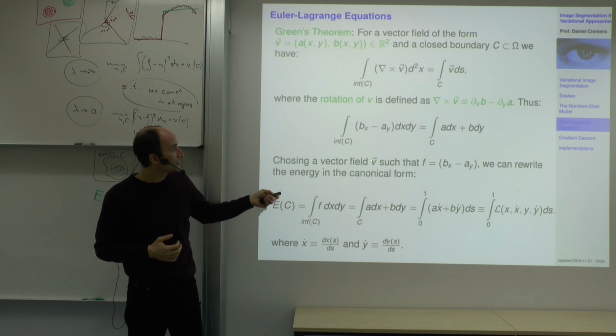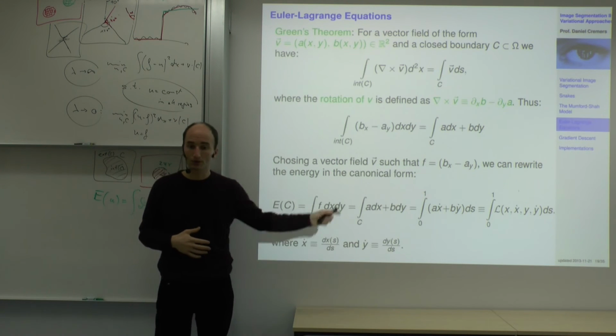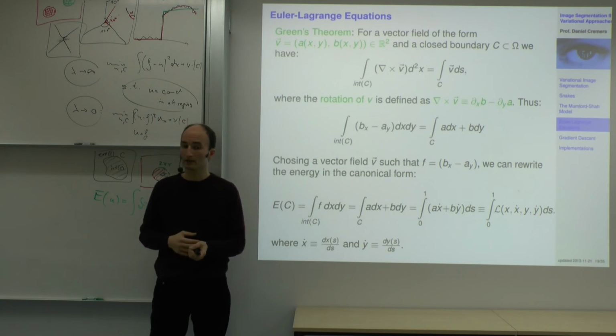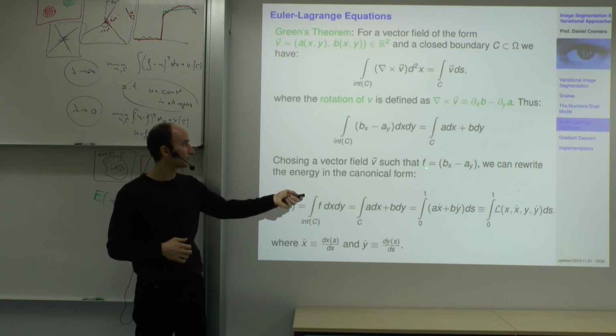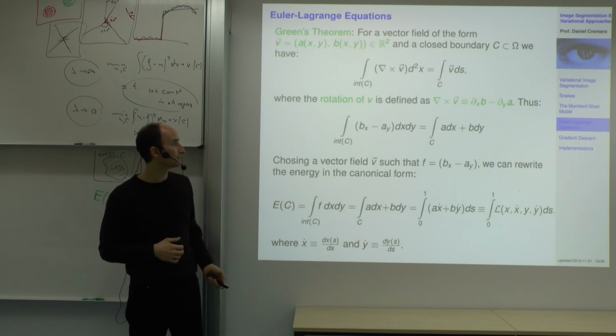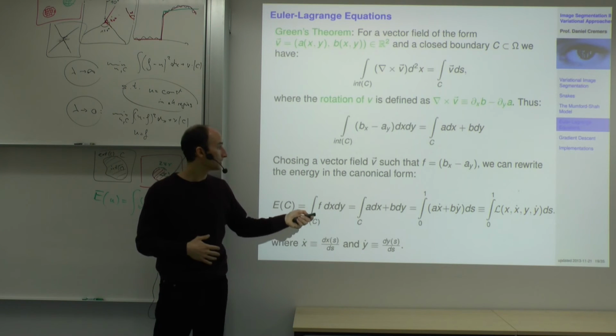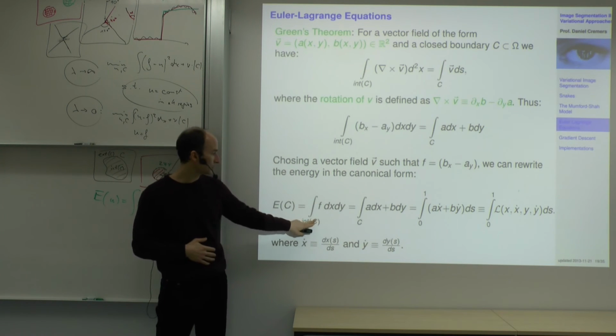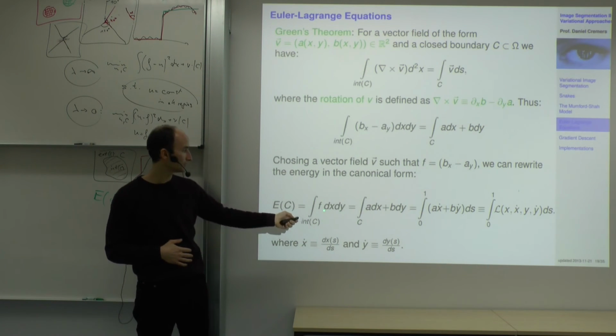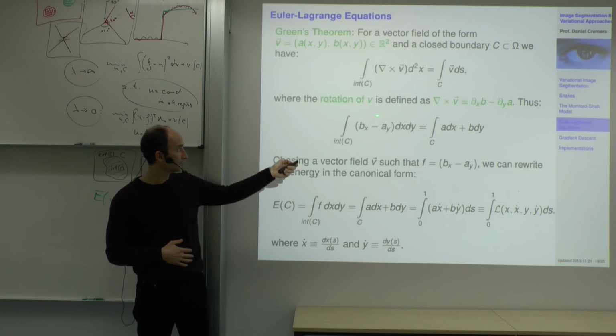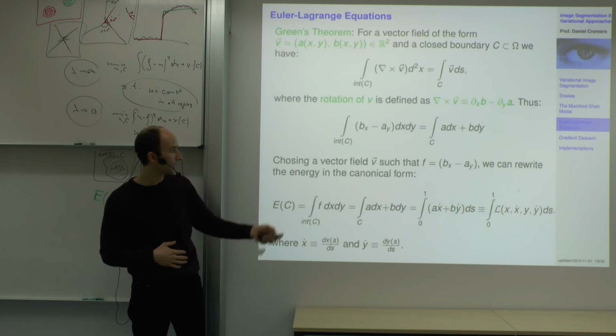Because ds essentially is dx and dy. And now we say choose a vector field V such that f is Bx minus Ay. In fact, I don't show this here, but there exist vector fields for any f. You can find a vector field such that this holds. So f is the rotation of V. And then we can rewrite the integral of f, that's our original cost function that we started with, as the integral of this expression over the interior, and then the integral over the boundary of A dx plus B dy.